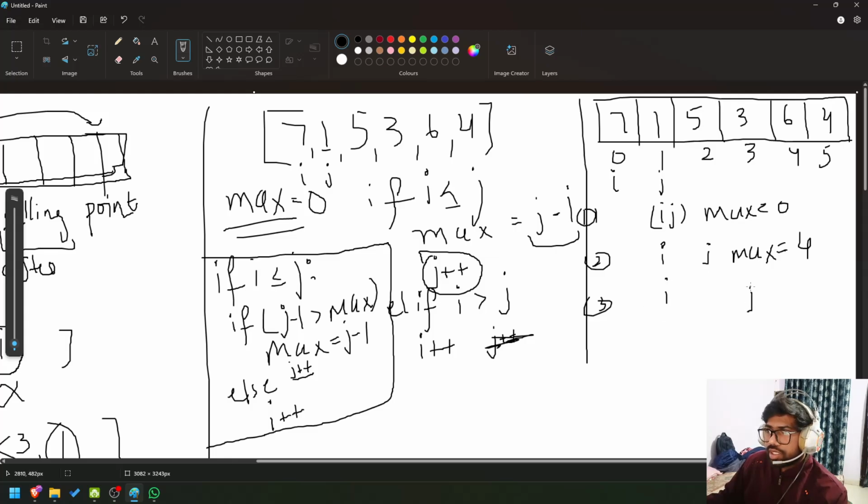My J is here, and then we'll say, is I less than J? Yes. Is max 3 minus 2? No. So max remains 4. Then we'll move I, and then my I is here and my J is here, so we'll get a max of 5, and we'll return the max at the end.